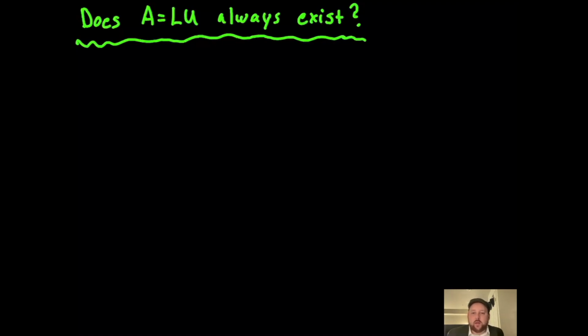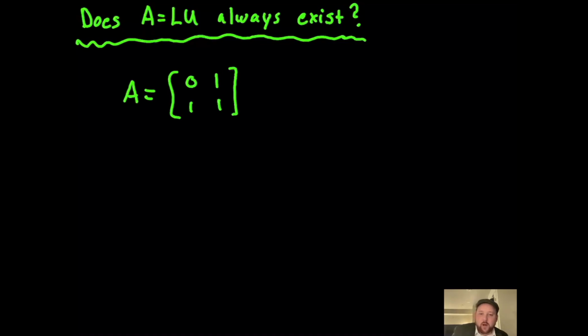And so one example of this, right? So if I give you the matrix A, this is probably the simplest one, 0, 1, 1, 1. You could show that there's no way that you could find an L and a U, a lower triangular and an upper triangular matrix that would multiply to give this A. It can't be done.